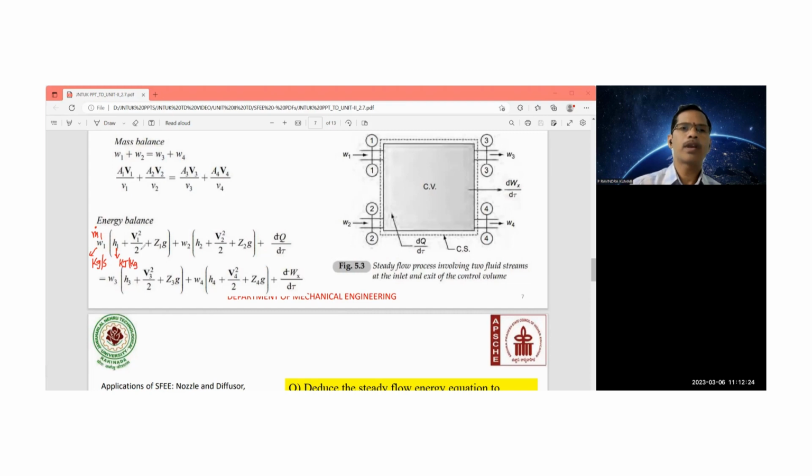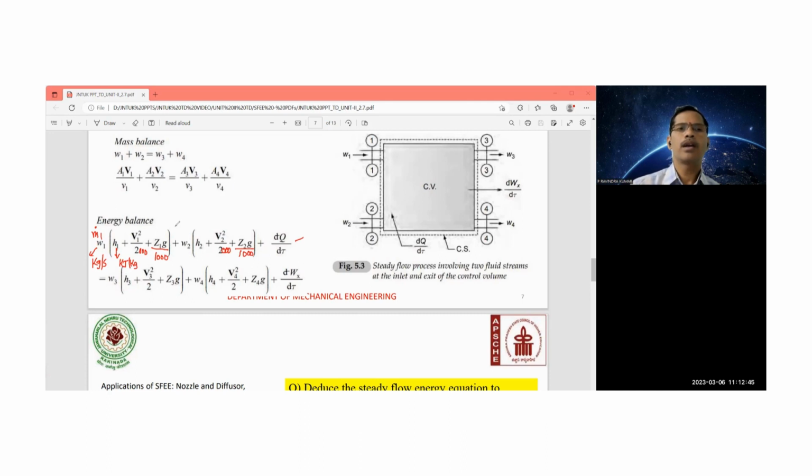If it is kilojoule per kg, then you will get V by 2000, and here also Z by 1000 in kilojoules. So you should not forget that. And here also this H2 is in kilojoule per kg, and this is also kilojoule per kg, and d bar q by dt.